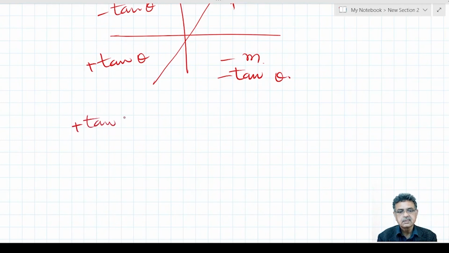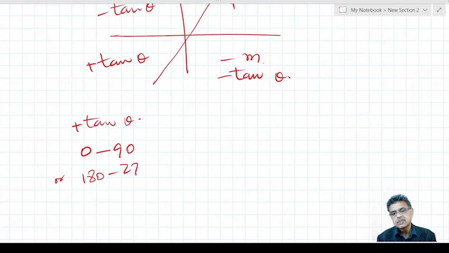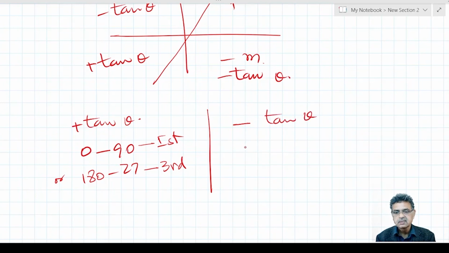Positive tangent theta is there when the angle is between 0 and 90, or 180 to 270. 0 to 90 is the first quadrant and this is the third quadrant. On the other side, tangent theta is negative when theta is between 90 and 180, or 270 to 360 degrees.